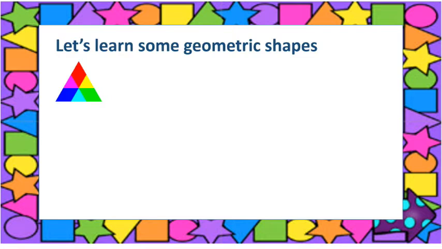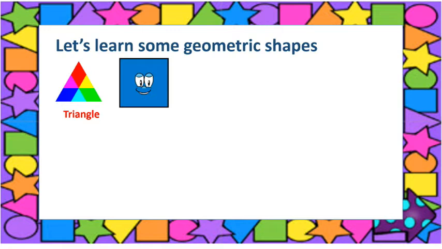Children, can you name this shape? What shape is this? It is a triangle. A triangle has how many sides and how many angles? It has 3 sides and 3 angles. Can you tell the name of this shape?